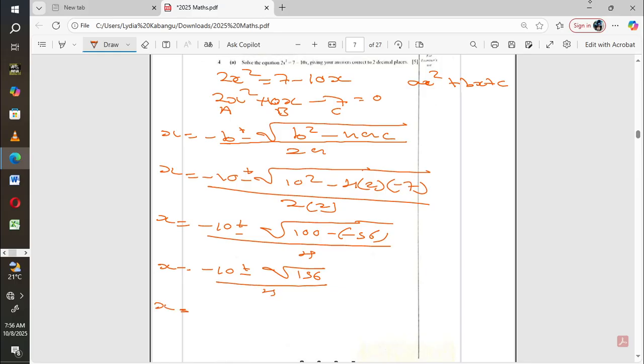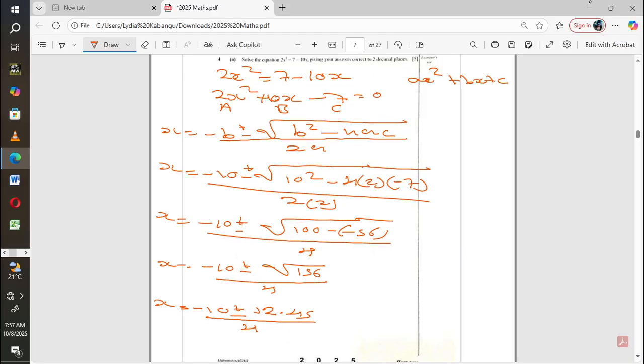So meaning x equals to negative 10 there, positive or minus the root of 156. The root of 156, we're going to have 12. The question says to 2 decimal places, so we're going to have 12.45. You divide by 4.